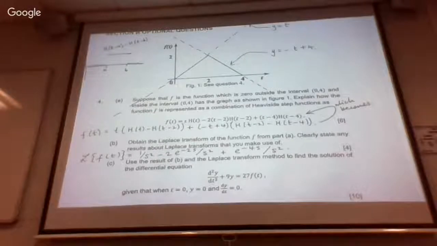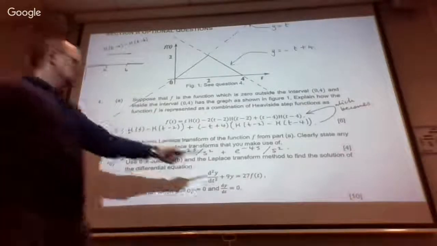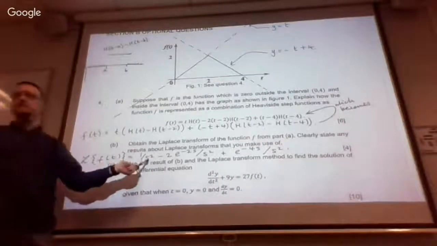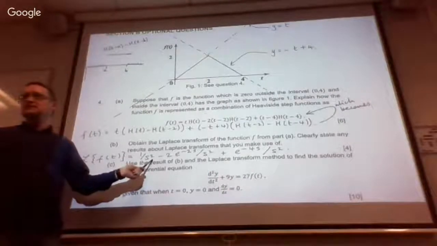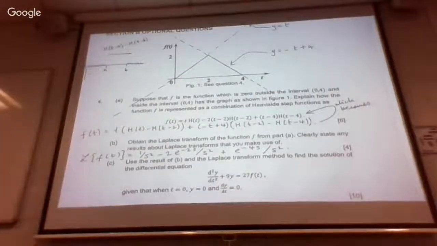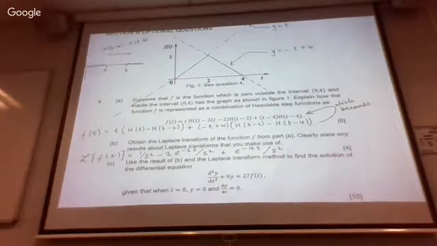Because the f is sitting on this side, you're going to have to transform the f. You've already got the transform of it from part b, so you transform both sides of the equation. On the left-hand side, transform 27f, right?